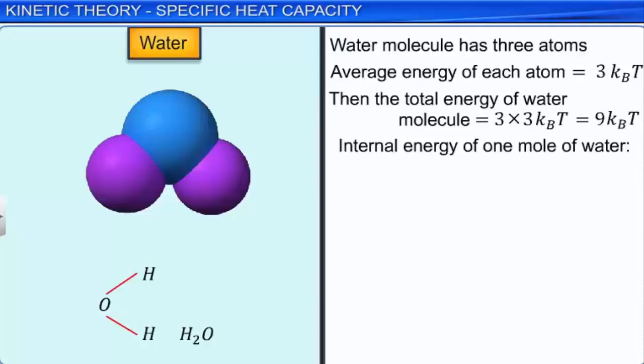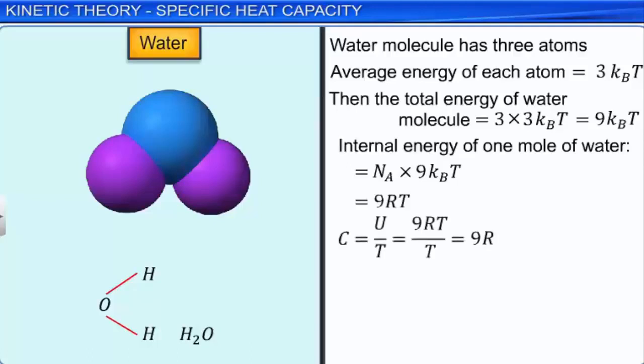The internal energy of 1 mole of water is equal to Na into 9 kBT, which is equal to 9RT. By substituting the value of internal energy in the specific heat capacity formula, it is equal to 9R. This value is in agreement with the observed value.